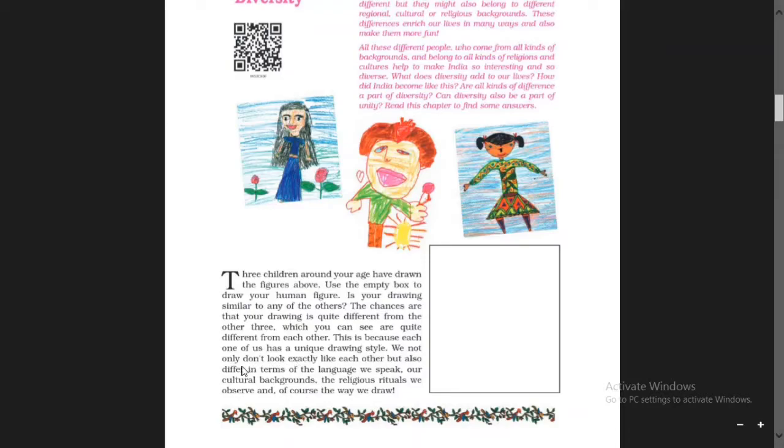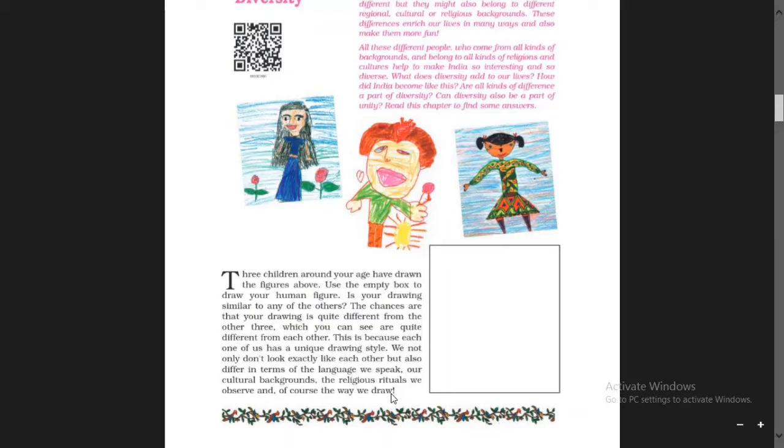We not only don't look exactly like each other, but also differ in terms of the language we speak, our cultural backgrounds, the religious rituals we observe, and of course, the way we draw.